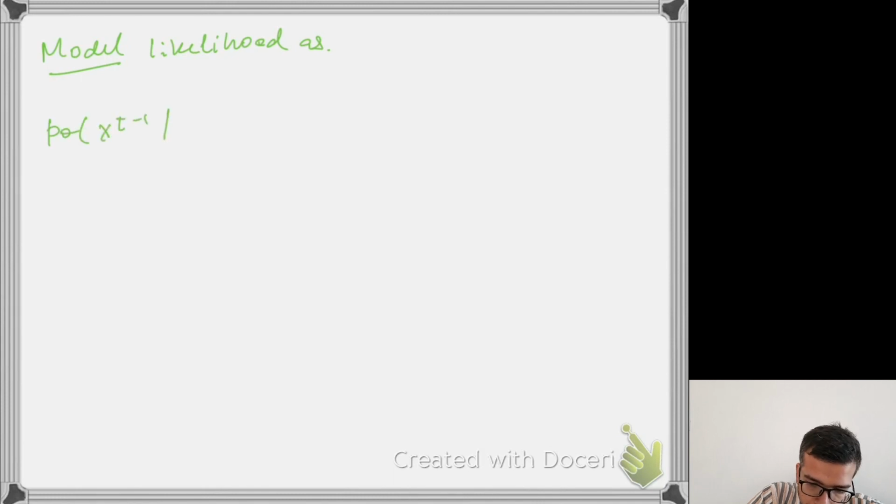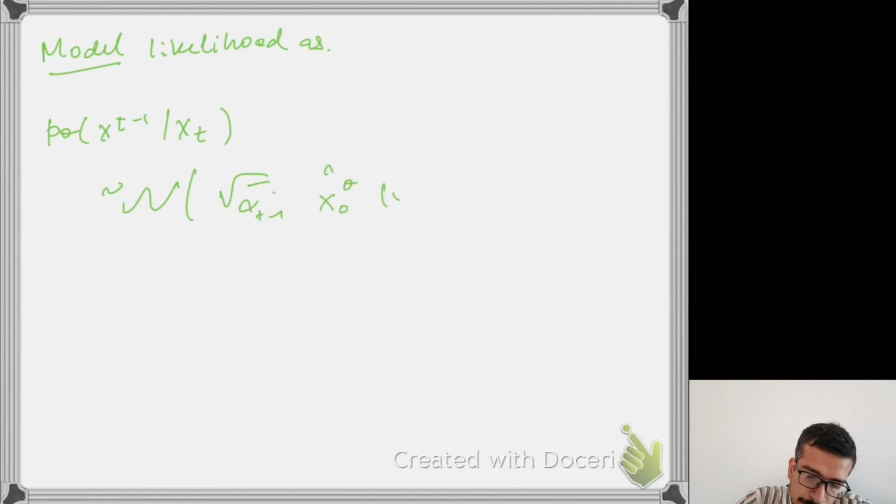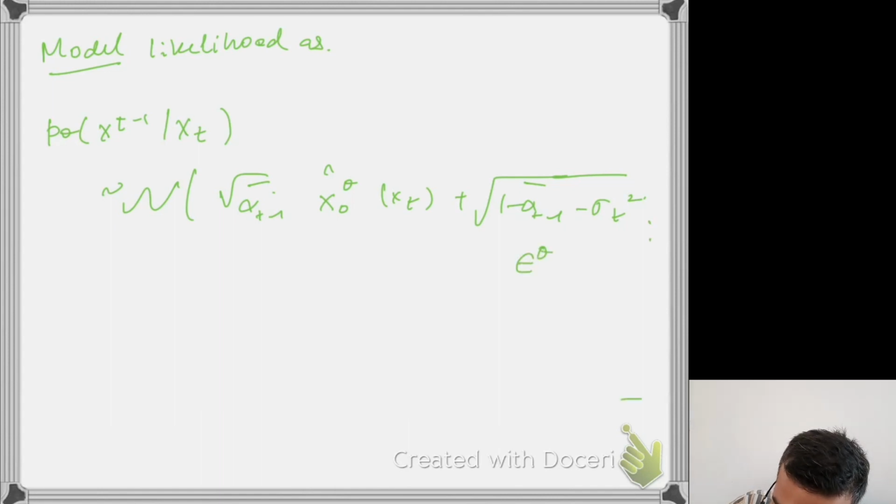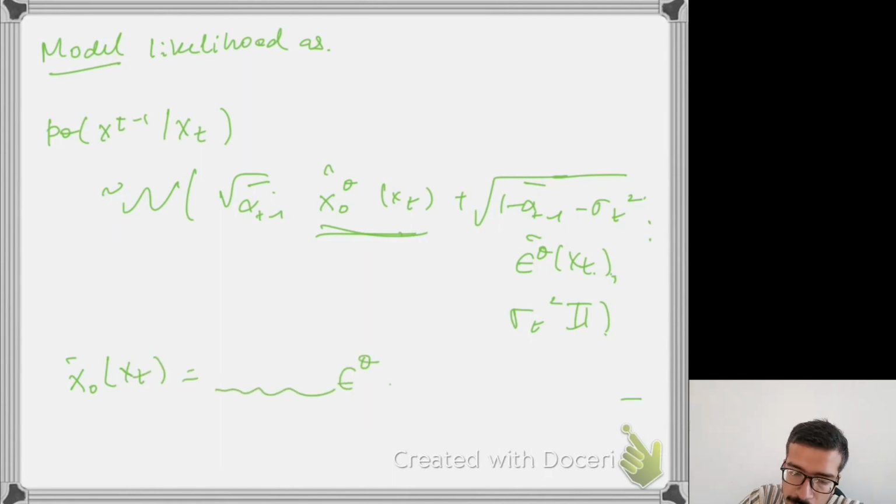And now if we model the reverse distribution, which is the likelihood, as p_theta of x_{t-1} given x_t, as normally distributed with mean square root alpha_{t-1} bar times x_0 hat as a function of x_t, plus square root of 1 minus alpha_{t-1} bar minus sigma_t squared times this epsilon_theta as a function of x_t, and variance sigma_t squared identity. Here x_0 hat as a function of x_t can also be expressed in terms of epsilon_theta using the same reparameterization.